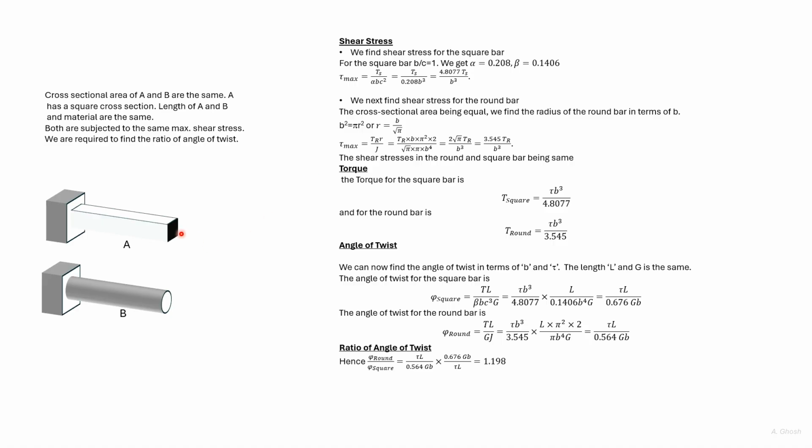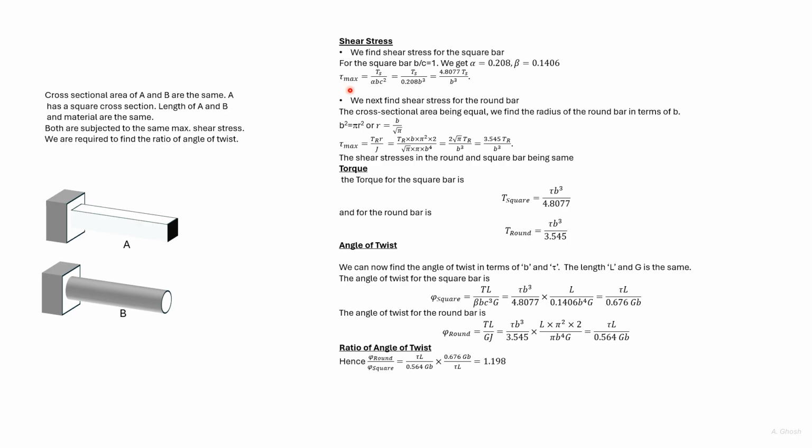We choose the dimension of the square bar for representing the dimensions of both the bars. Since the square bar has B divided by C equal to 1, using the tables we can get alpha and beta.